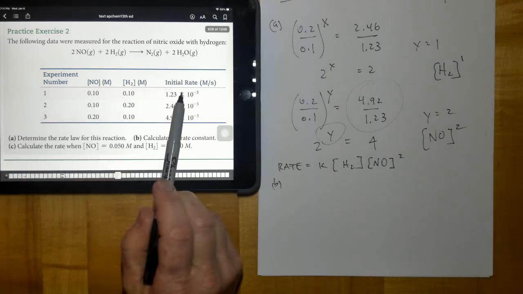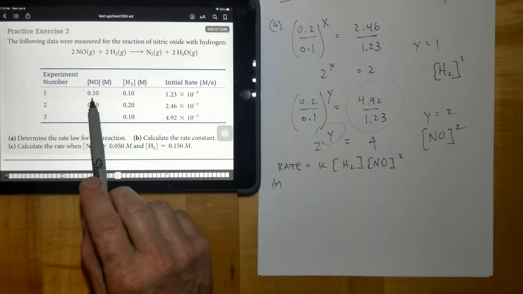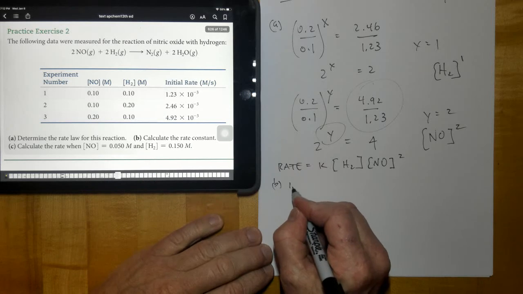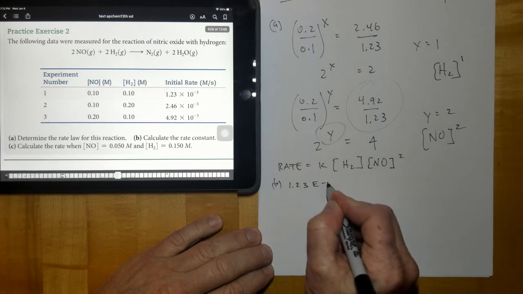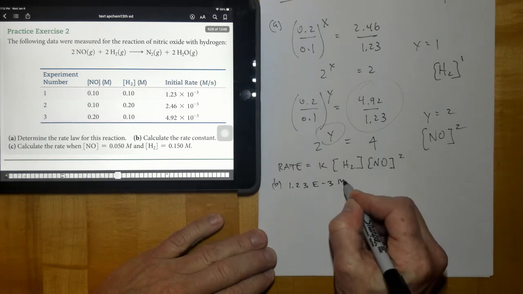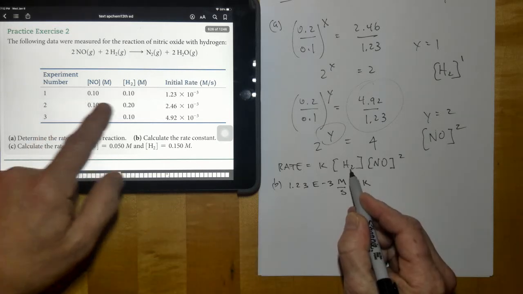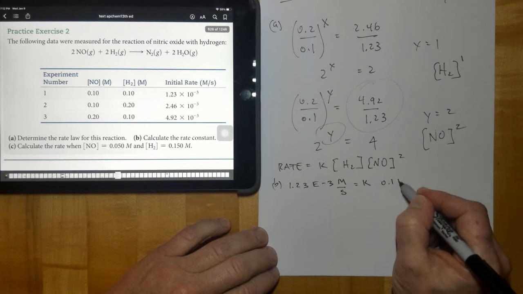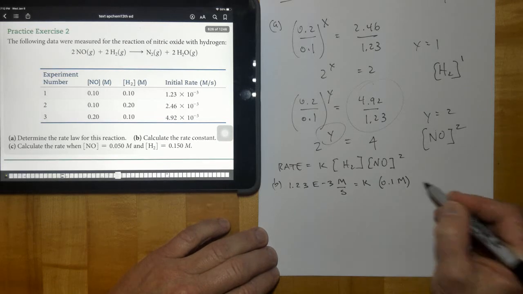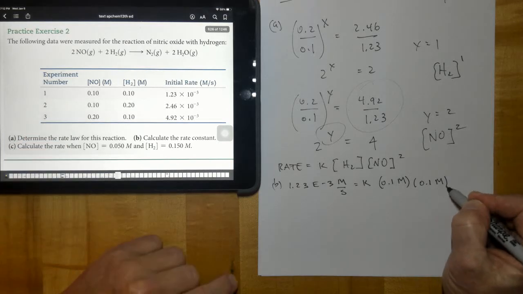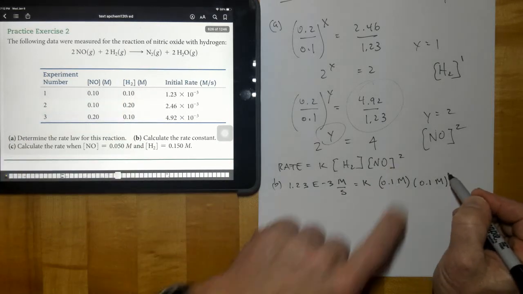And then put the data in, and the rate in. So the rate is equal to 1.23 times 10 to the negative third, and the units on that are molarity per second. That's equal to k. Hydrogen is 0.1. That's molarity, and it's to the first power. And then NO is equal to 0.1, and that's molarity, and that's to the second power right here.